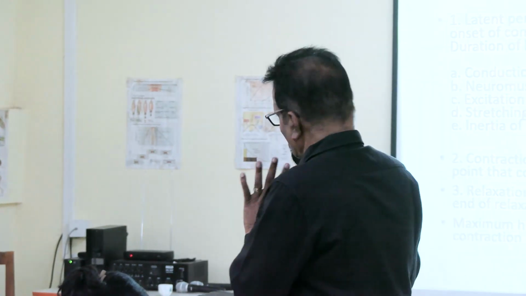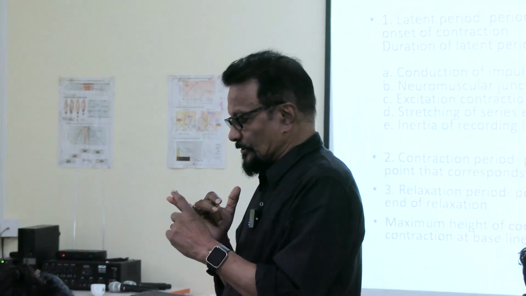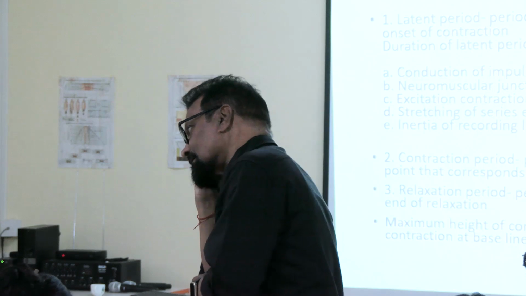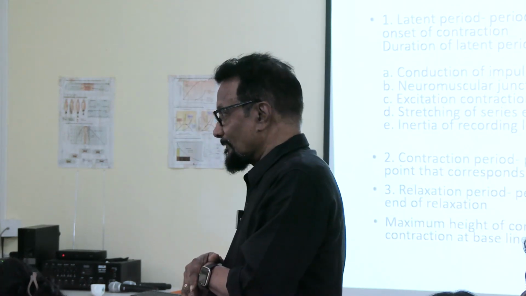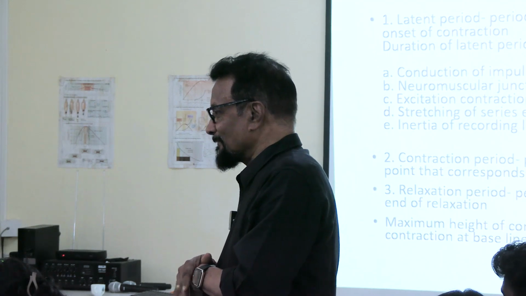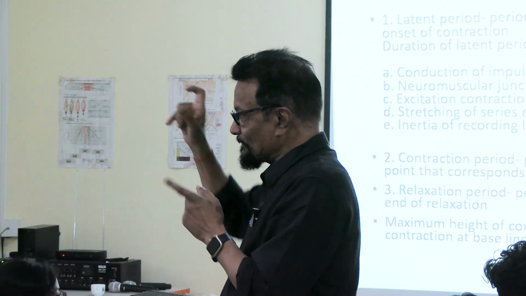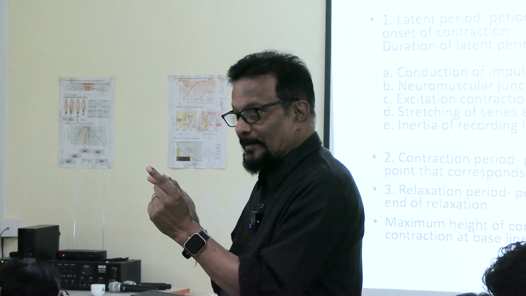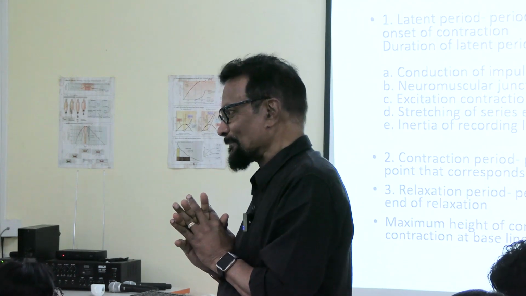So while studying, you will first measure the three time periods and the height of contraction. From height of contraction and contraction period, I can determine the rate of contraction.